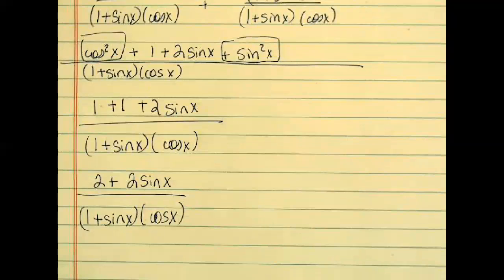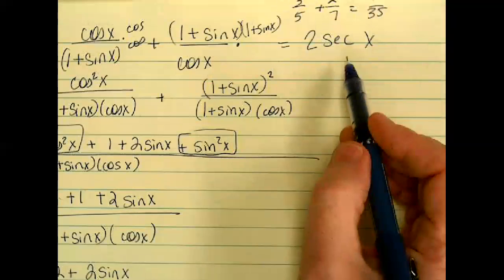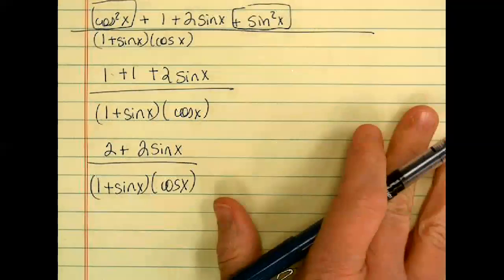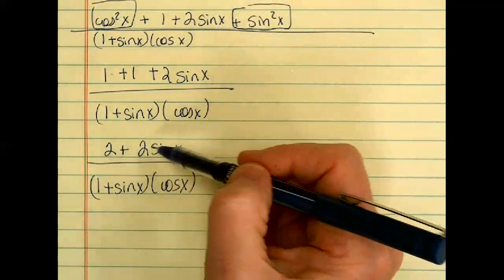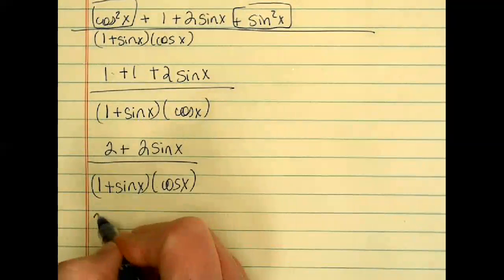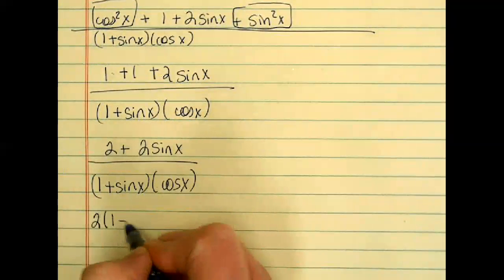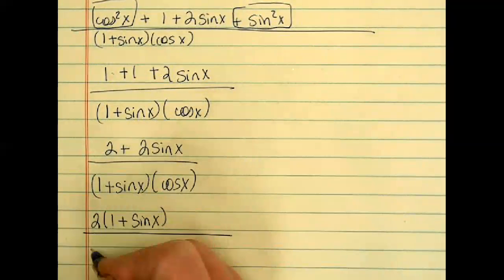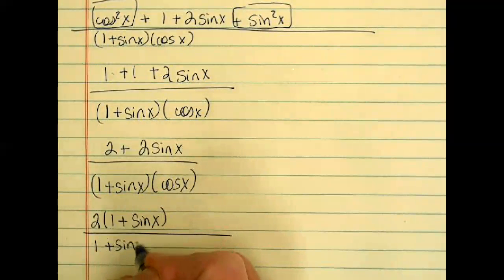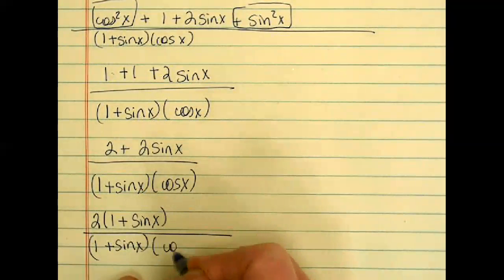Looking at the top, I'm trying to get to 2 secant. It doesn't look like it yet. But I noticed that in the top I have 2 that I could take out. I'm going to factor out a 2, and it's going to be left with 1 plus sine x. The denominator is 1 plus sine x times cosine x.